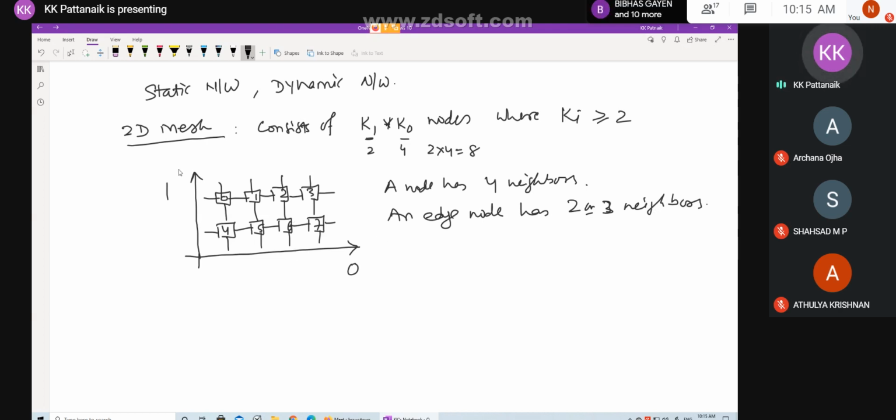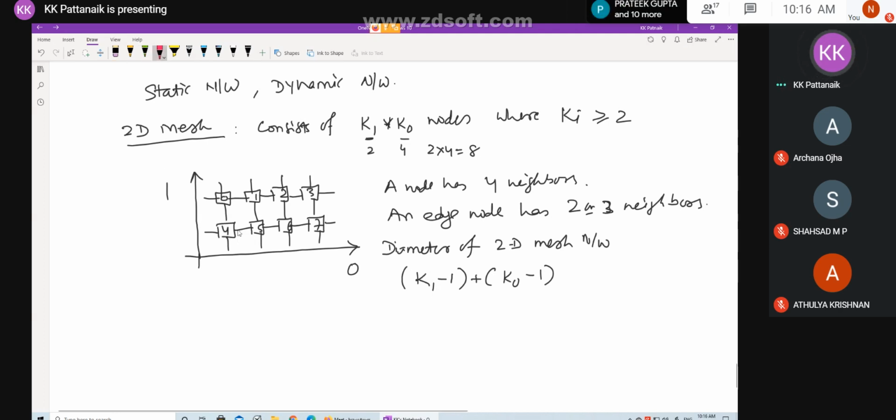So what will be the diameter of the 2D mesh? It will be K1 minus 1 plus K0 minus 1, which means the distance between nodes in the opposite corners.